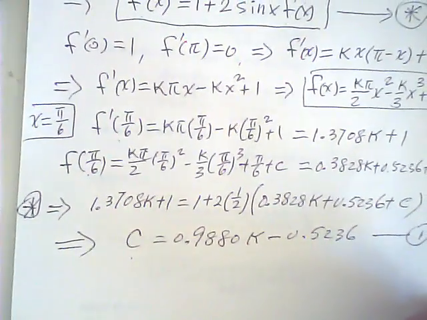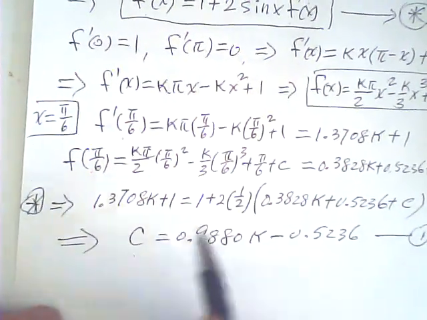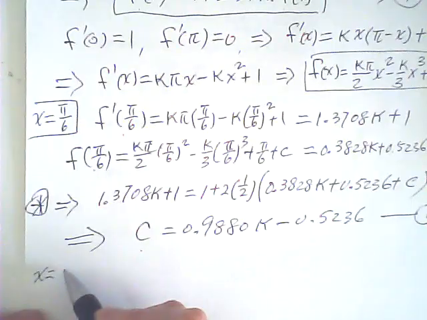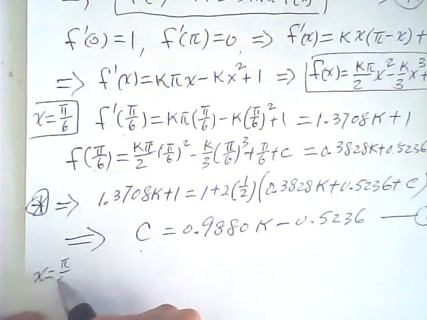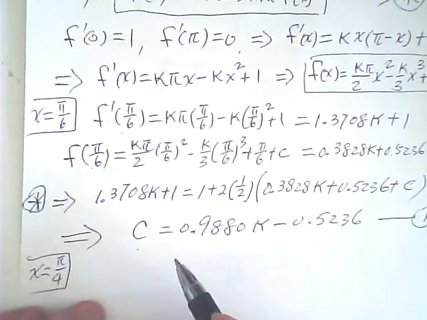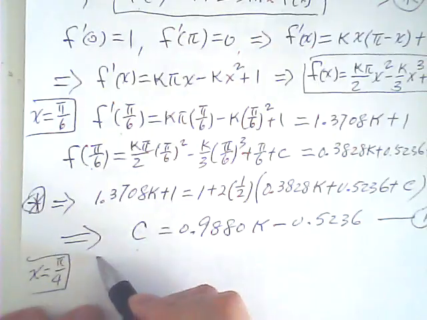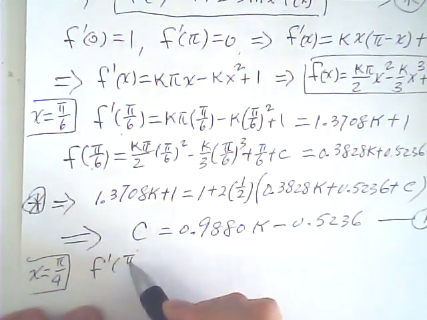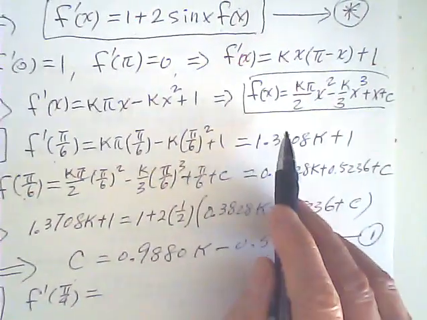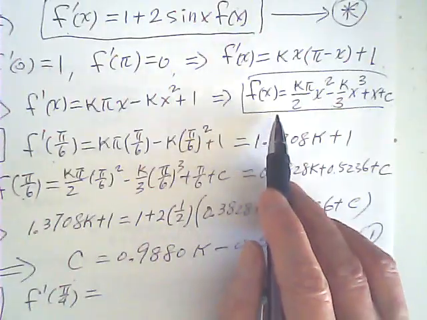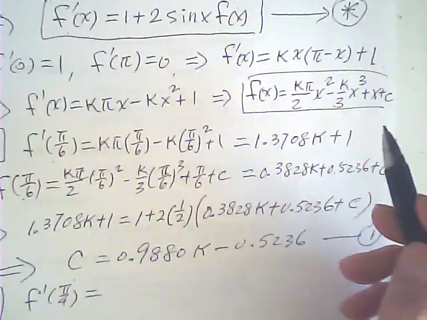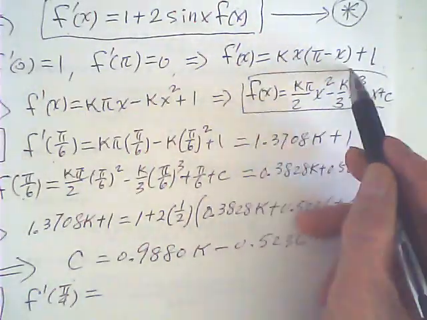Okay, good. Now we need to find the second equation by letting x equal to, say, pi over 4. So we can find f prime of pi over 4. Simply, we plug this into this equation.